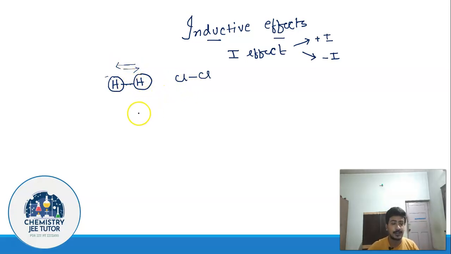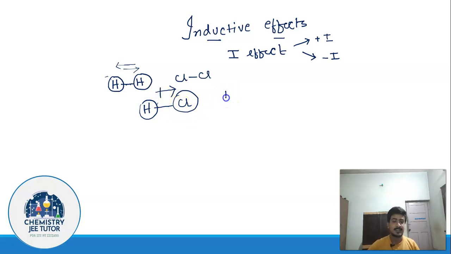Whereas in case of heteronuclear diatomics, such as if you consider HCl, then although this bond has been formed by sharing of one of the electrons from hydrogen and one from chlorine, still, since chlorine is way more electronegative as compared to hydrogen, it is going to attract the electron cloud towards itself.